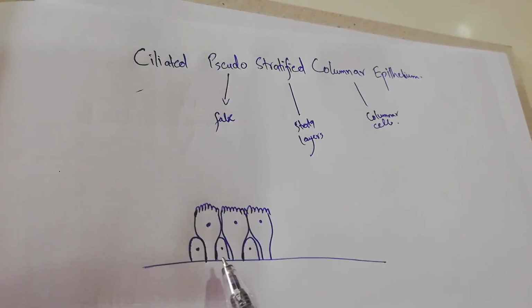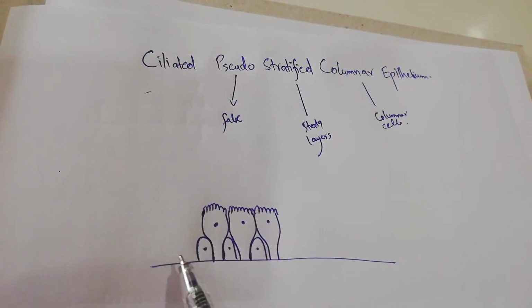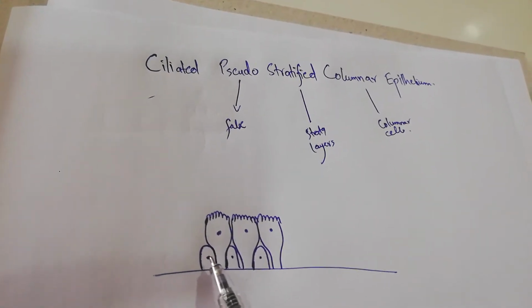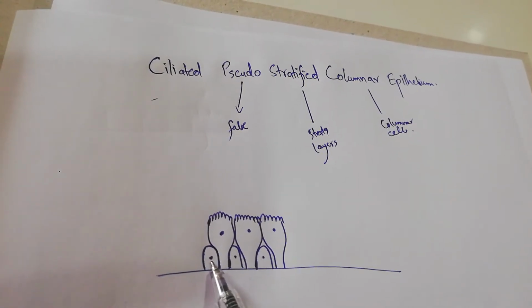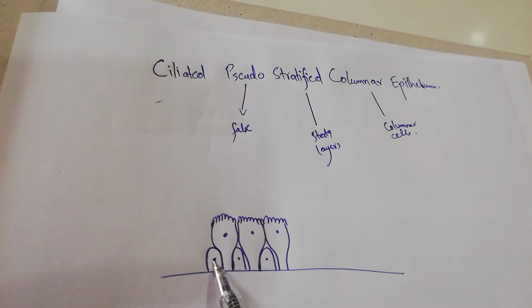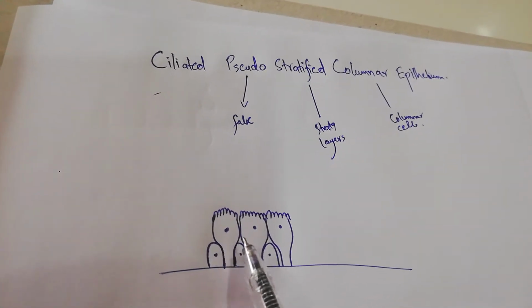Now what happens is that this epithelium contains some short cells and some tall cells. It's actually a general rule that every cell will have its nuclei placed in its broader part.